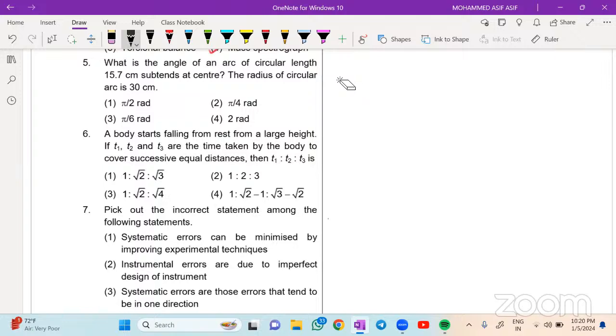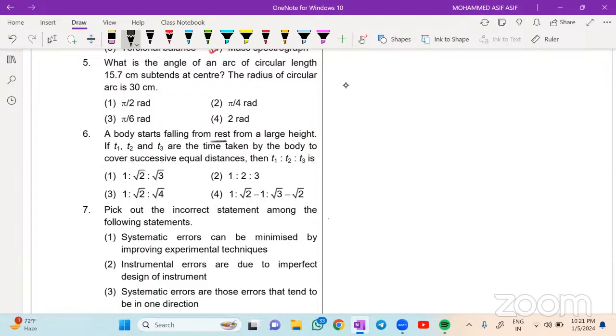Anyone? This is a regular question of kinematics. Did anyone get it? Shilpa, try. The body is starting from where?